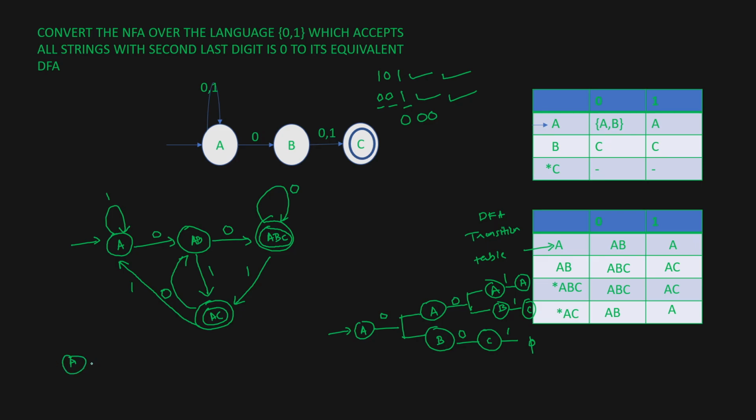You are in state A, you get input 0, you can either be in A or B. Again you get input 0, you can be in either A or B. And in B you get input 0, you go to state C. Again you get 0, you go to either A or B for 0, and in state B you get 0, you go to state C. In state C, if you get input 0, you go to the null state.